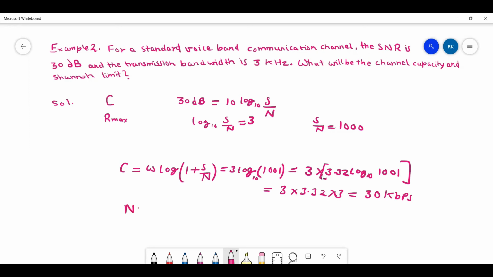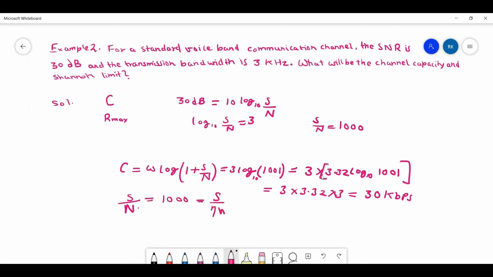Now we need to calculate R max. To calculate R max, we need to have the value of ratio between the signal power and noise power spectral density. So we need to have this value, which is S by N is equal to 1000.